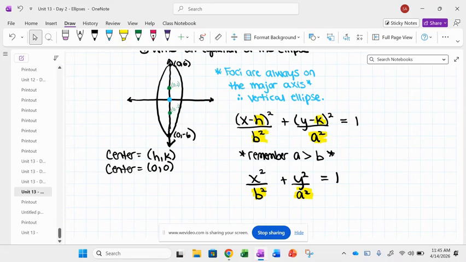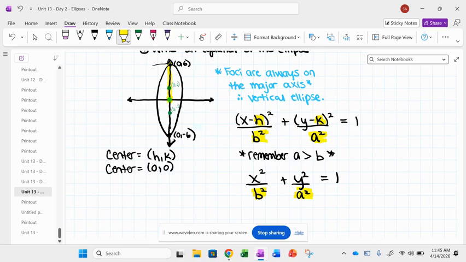So 2a represents, on the major axis, one vertex to the other, right? That's a 2a. But to make it even quicker, isn't the length of the semi-major axis the length from the center to one of the main vertices, or the vertices on the major axis?